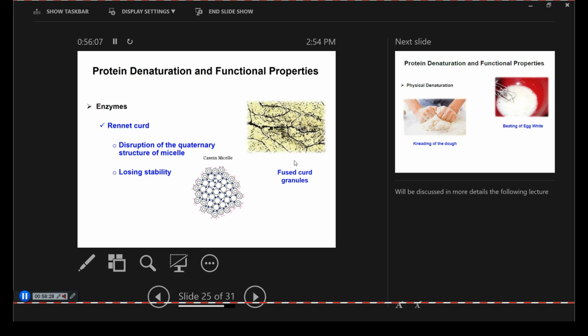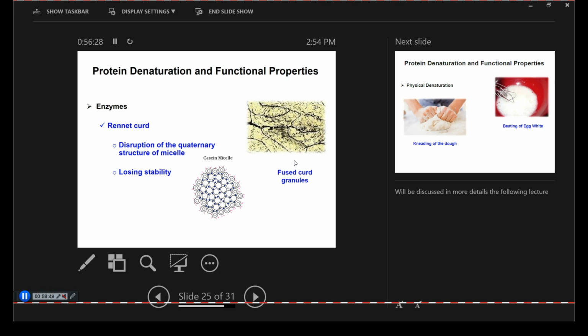Remember the first lecture with all my show and share. In this case you form a coagulant, not necessarily a gel. It's a different type of gel, but it's not really a gel because it doesn't entrap water. It actually expels water. So technically it's a coagulant, it's not a gel.